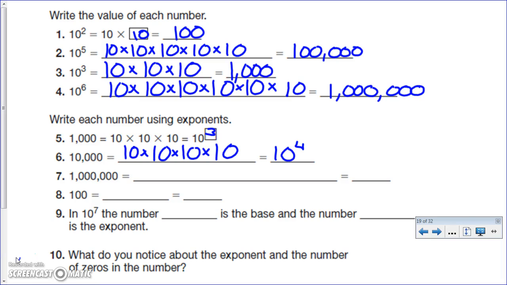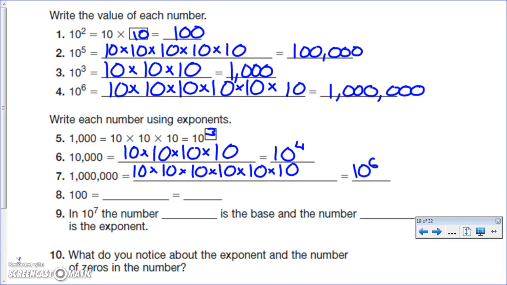So then we have 1 million. So that's going to be 6 tens in a row, and then 10 to the 6th, because there's 6 zeros in 1 million. And as you can see, the exponent is always written up and off to the right of the number, and it's always smaller than the base.